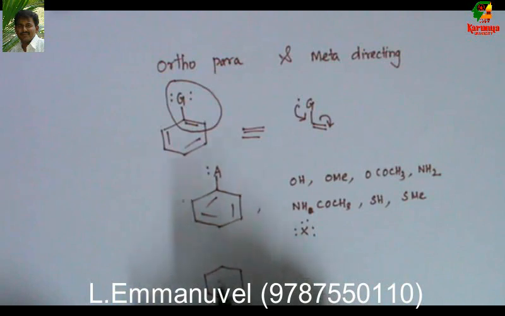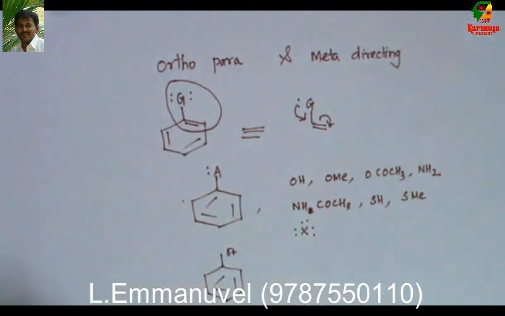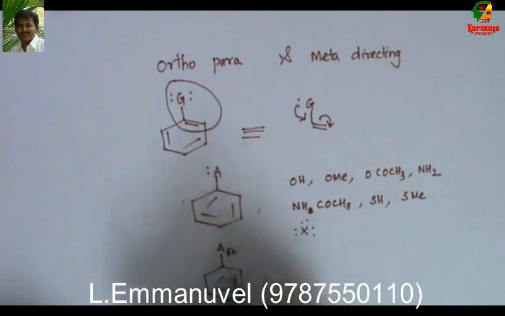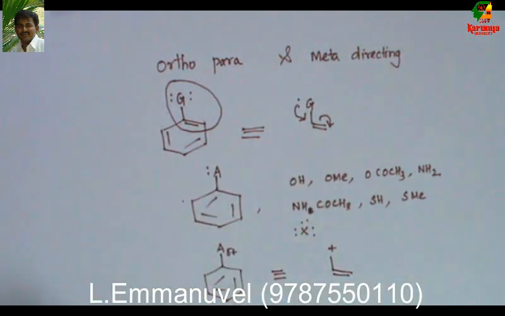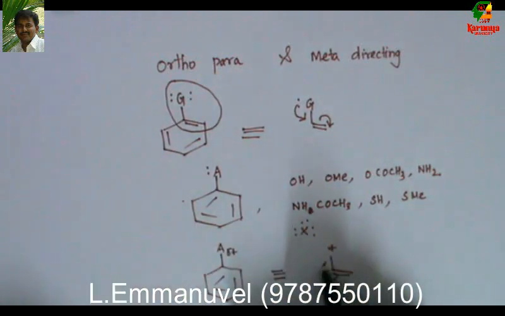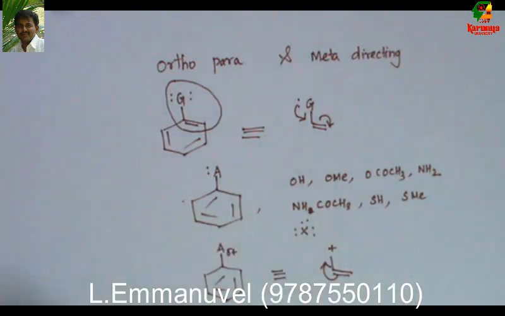What about meta directing groups? If there is del plus on this atom, then this is equivalent to this system. So this pulls the electron from there.